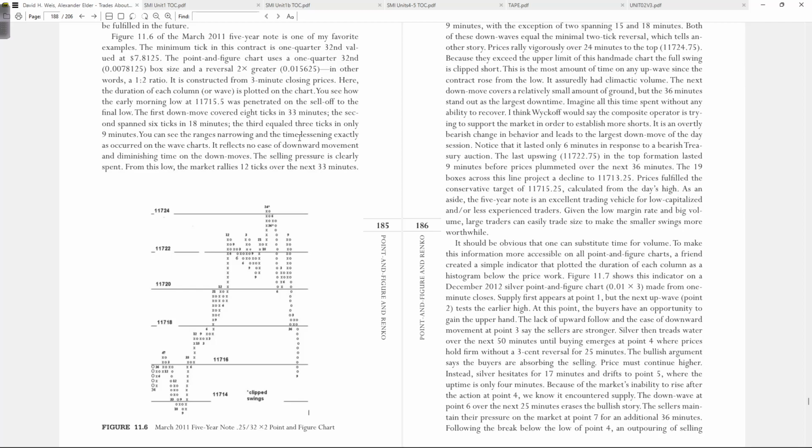You can see the ranges narrowing and the time lessening, exactly as occurred on the wave chart. It reflects no ease of downward movement and diminishing time on the down moves. The selling pressure is clearly spent. From this low, the market rallies 12 ticks over the next 33 minutes.